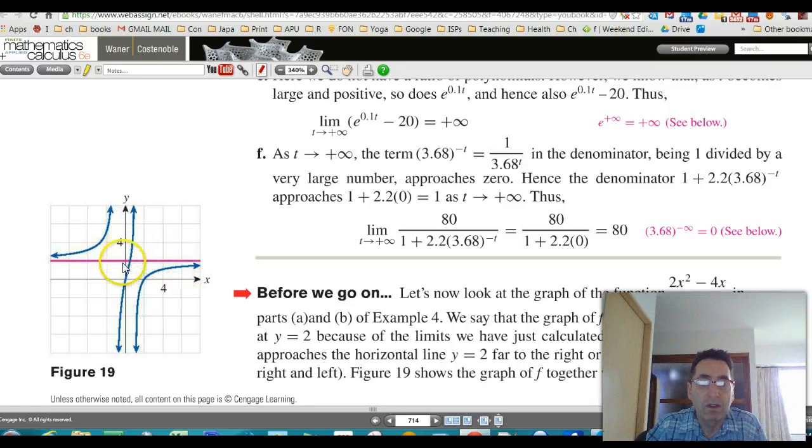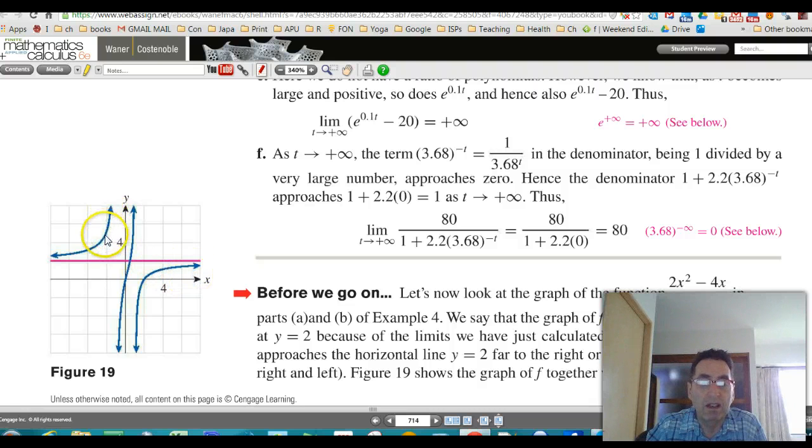So here, if this is 4, this must be 2. As we move to the right, it seems to be getting closer and closer to 2. We say it's getting closer and closer to 2 from below 2, right? It's not coming from above 2. It's coming from below 2. But in any case, it's getting closer and closer to 2.